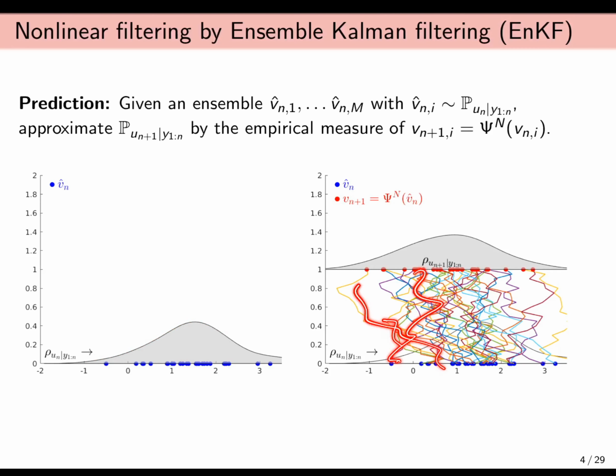So here is my illustration. You can think of time being along the y-axis. And then I have the state of the particles according to my prediction at time n here. So they have evolved from the blue locations to the red locations, and I obtain a prediction density as well. I could have generated an empirical measure using Dirac components for each of these particles as well.